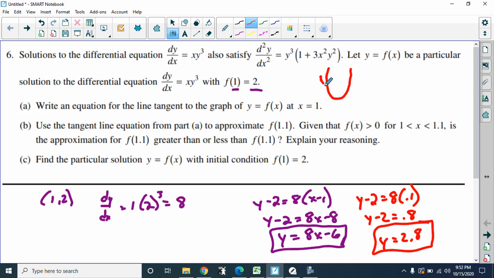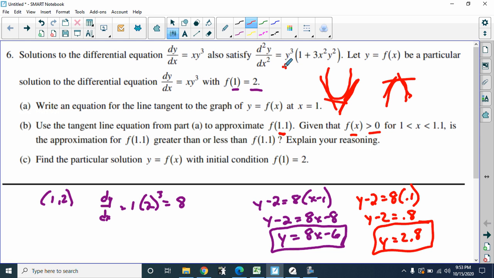If I have a graph that is concave up, the tangent line is always under the curve. That's a bad tangent line. If I have a graph that's concave down, the tangent line is always above the curve. So really what we need to know is, is the graph concave up or concave down at 1.1. Notice it says the y value is always positive.